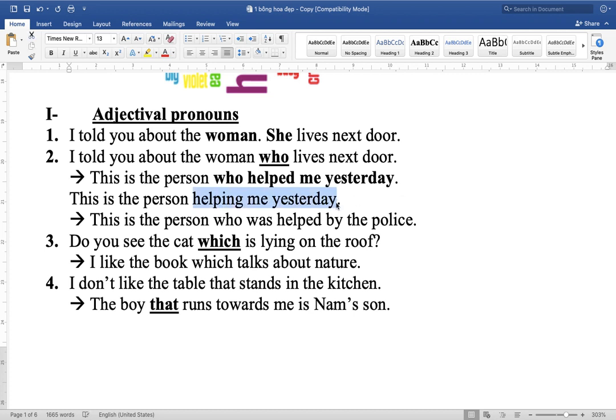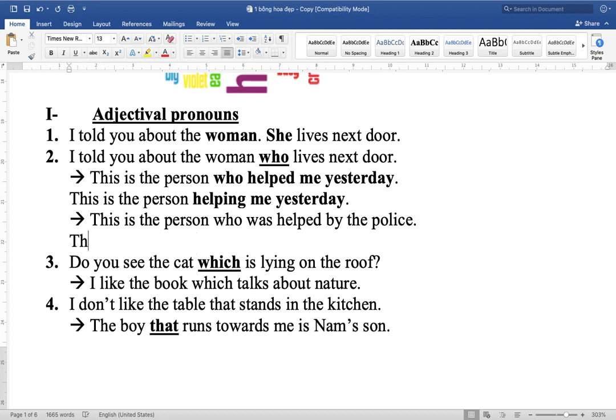So he is helping me yesterday because this is an active voice. Or we can write this is the person who was helped, right? But we just cross out who was, so we have helped by the police. We use this one because this is a passive voice.